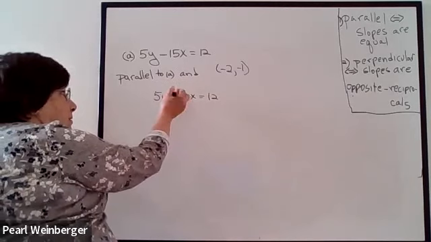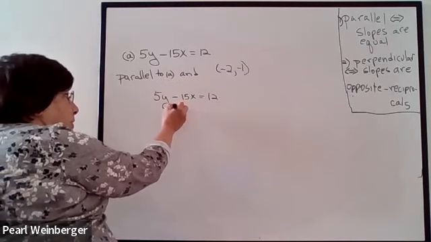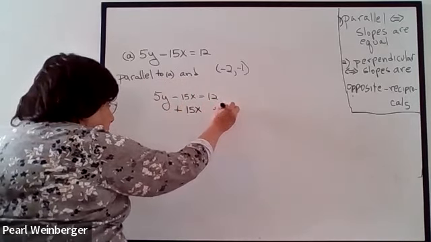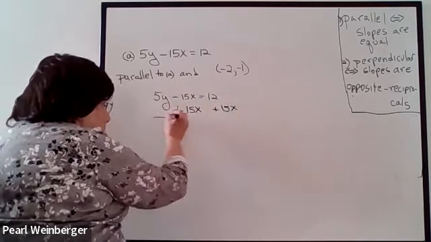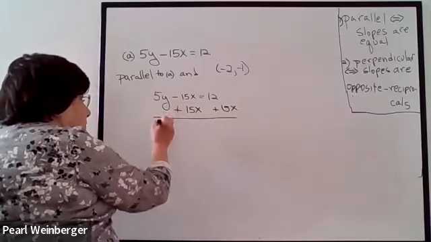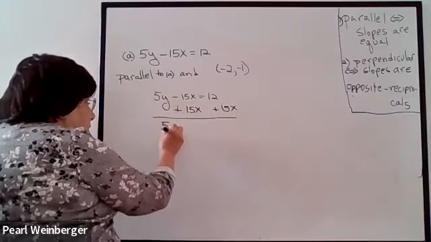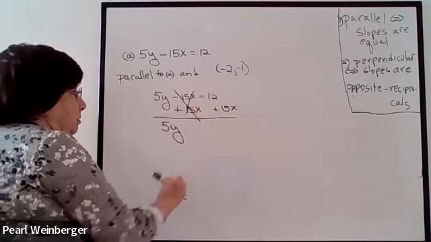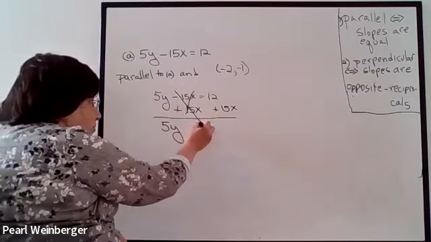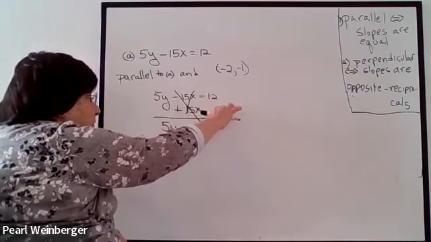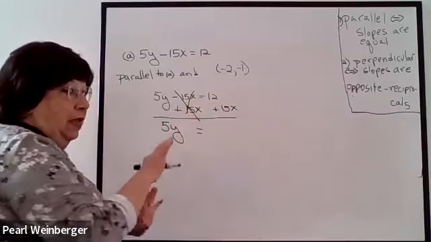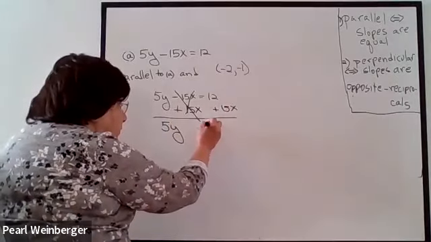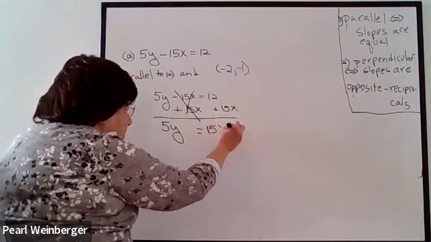And since there's a minus in front of the 15x, I'm going to do plus 15x to both sides. That gives me 5y, and I get rid of my 15x. On the other side of the equal sign, I now have the 12 and the 15x. And remember, I can't combine them because they are not like terms. So this is going to be 15x plus 12.